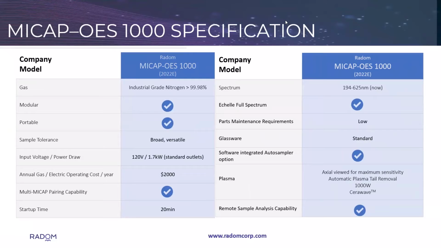There is an autosampler that's integrated within our software. For the input voltage, with an optional inverter, we can use 120 volts with standard plugs. The plasma has a vertical torch with axial viewing, and the plasma tail is automatically removed with no operator intervention.